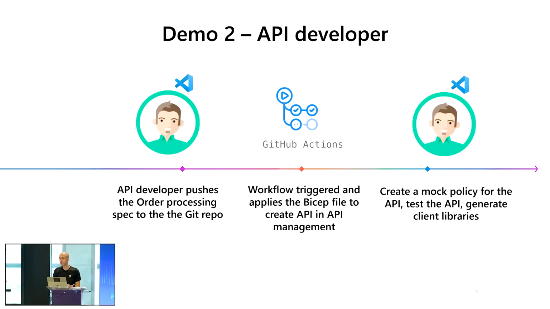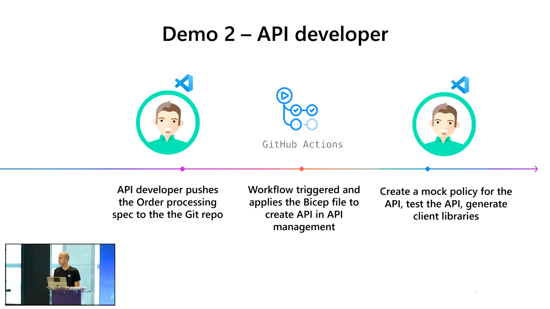What's interesting in this case is that the workflow is triggered automatically when I push the changes into the Git repository. And to deploy in API Management, we will use infrastructure as code, okay? In the same way that we have seen this API-first trend rising, we see customers also starting with infrastructure as code to automate things early in the process instead of using ClickOps, going into the portal and doing things manually, right?